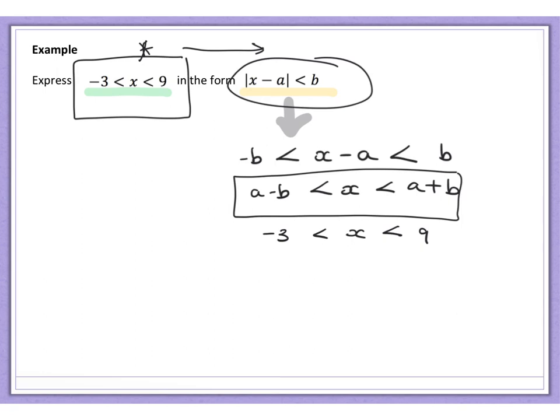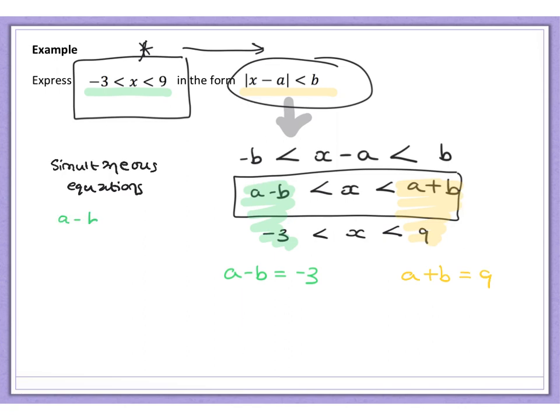So if we compare the two parts, we can see that we have a minus b must equal negative 3. And then if we compare these parts over here, we can see that a plus b must equal 9. And we have a very, very simple pair of simultaneous equations, which can be solved extremely easily. Let's write them down clearly. a minus b equals negative 3, a plus b equals 9.